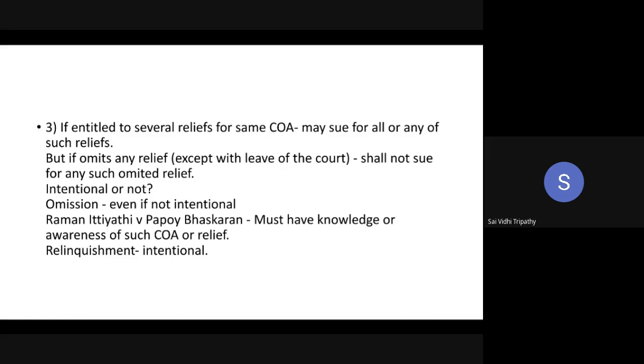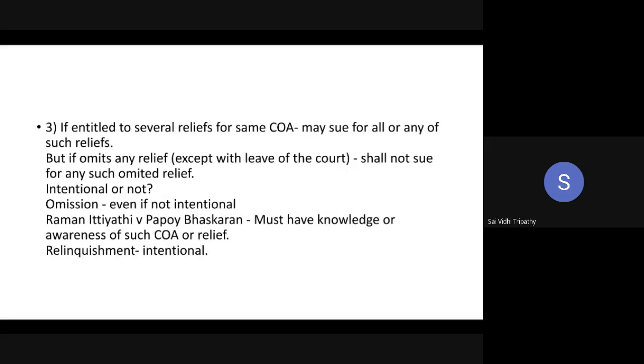So this is also the extension of that rule, which says that the suit has to include the whole claim of the plaintiff in respect of a cause of action. And if the plaintiff decides to omit or relinquish a portion of such claim, he will not be allowed afterwards to sue in respect of the said portion.